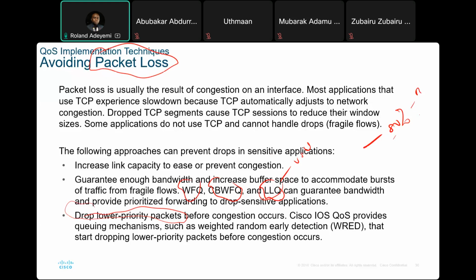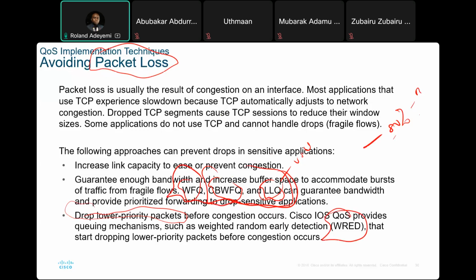So most of the time, when we put this together, class-based and LLQ, we end up having this particular configuration to avoid packet loss, or avoid high priority packet loss.